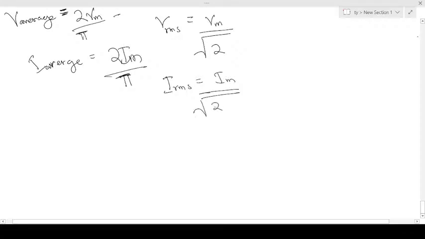So I would advise you to keep these equations in mind, and don't get confused with the half wave rectifier. Know that for full wave rectification, V average and I average are 2Vm or 2Im over pi, and their root mean square value is Vm divided by the root of 2.